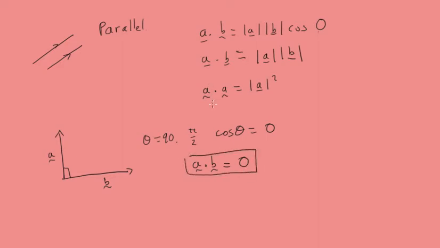Now it's important to remember this: with parallel vectors, A dot B is just the product of the magnitudes of the two vectors, and when they're perpendicular it's 0.